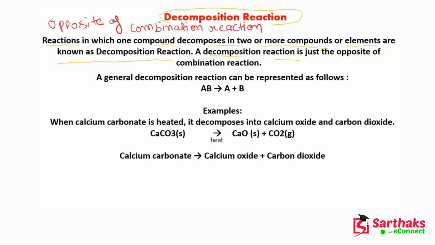A general decomposition reaction can be represented as follows: AB splits into A and B. On the other hand, in a combination reaction, A plus B combine to form AB. Okay, so this is the difference between decomposition and combination reaction.